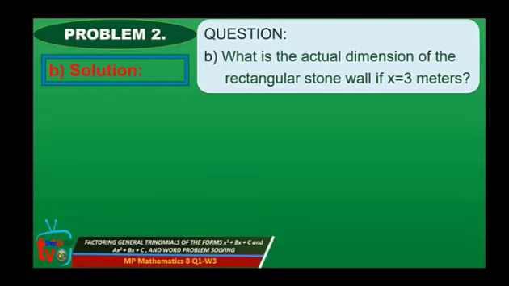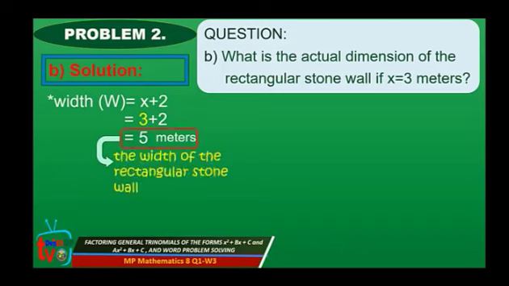First, as it was mentioned in the problem, the width is represented as x plus 2. Therefore, W equals x plus 2. We substitute x, which is 3. So we have 3 plus 2. Then if we add this, the result is 5 meters.